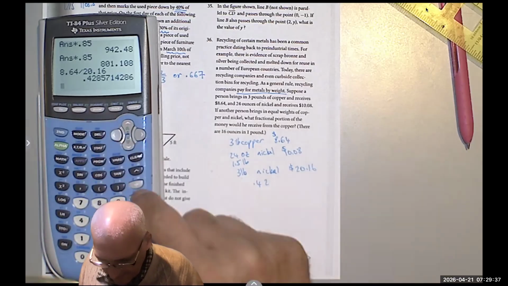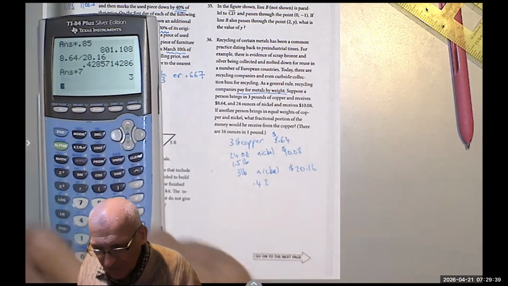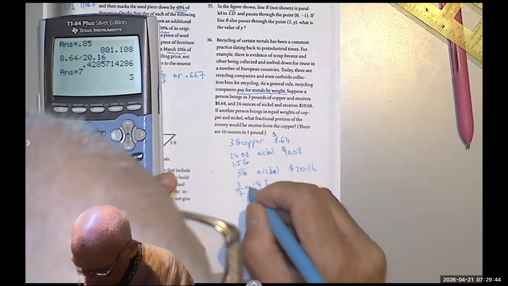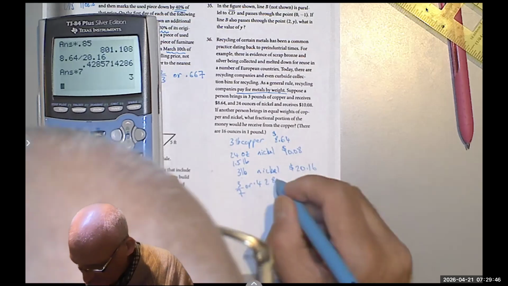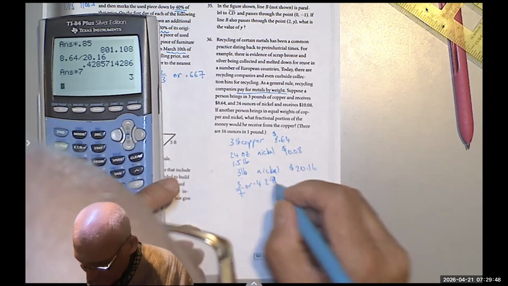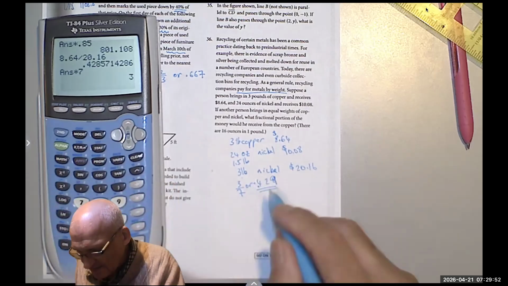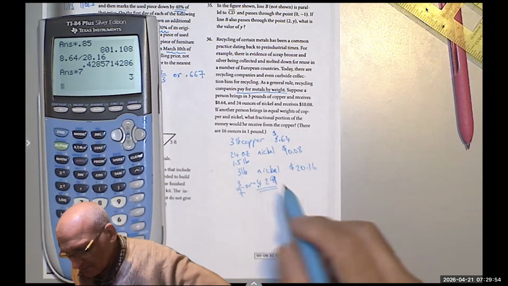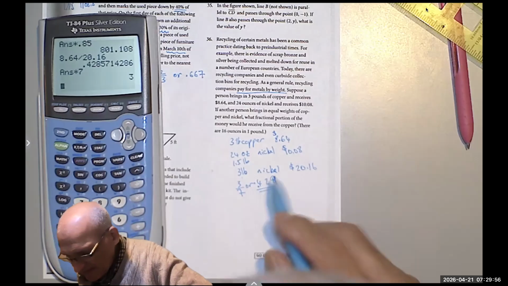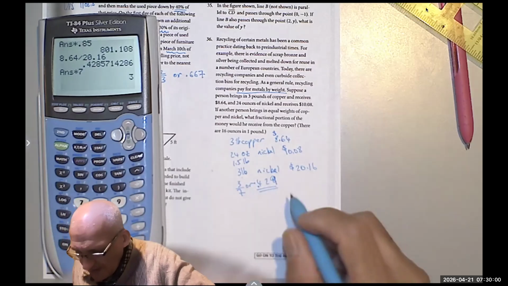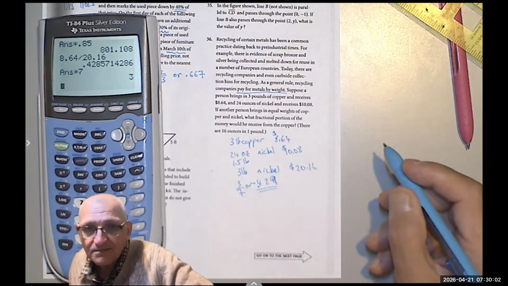If you multiply it by 7, you get 3. So I get 3/7 or 0.428, or 0.429 since we use 3 decimal places. That's the fraction he gets for the copper and 4/7 for the nickel.